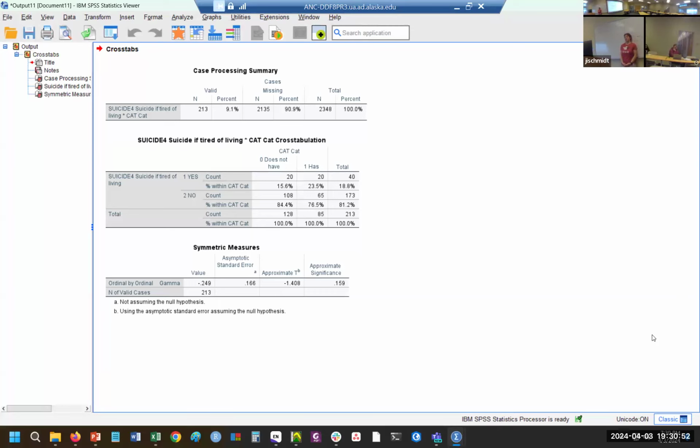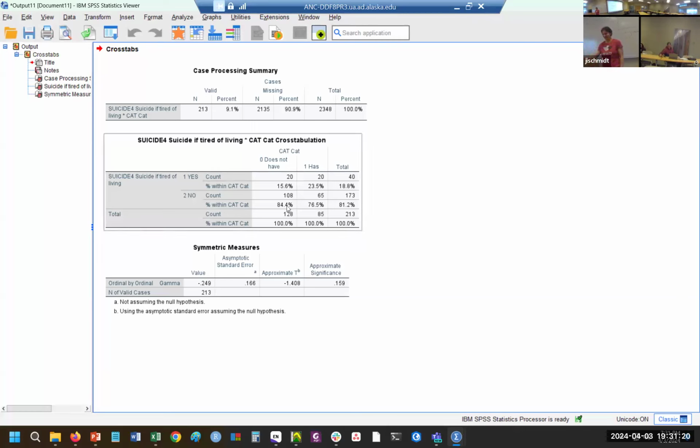That if you have a cat, you're more likely to not be tired of living. Or to not have so many negatives in it. If you don't have a cat, you might be more tired of living, and if you have a cat, you're less tired, you want to live. This is almost a 10% difference here.